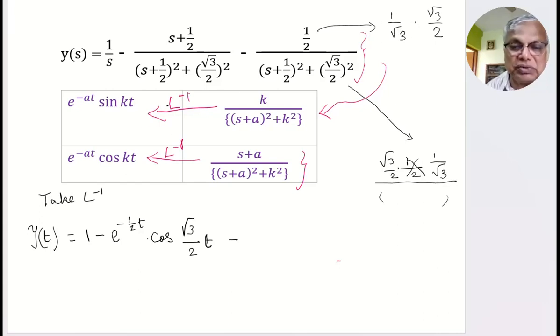So the inverse of this term is 1 by root 3, e power minus at, where a is half, into sine kt, where k is root 3 by 2.